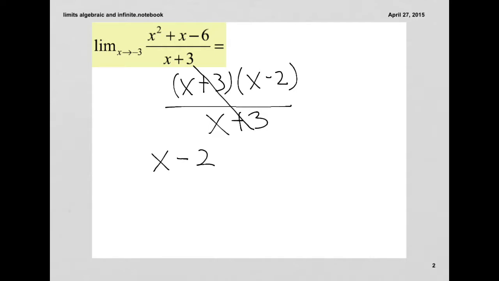Now we can replace that x with the -3 and get a solution. That's -3 minus 2, which is equal to -5. There's the solution: the limit as x approaches -3 of x squared plus x minus 6 all over x plus 3 is equal to -5.